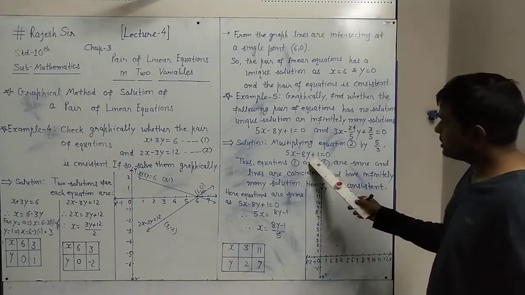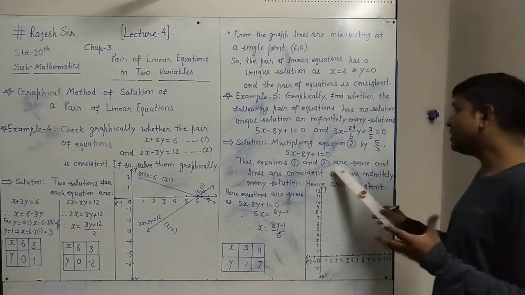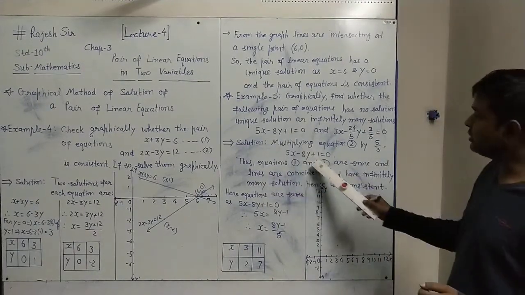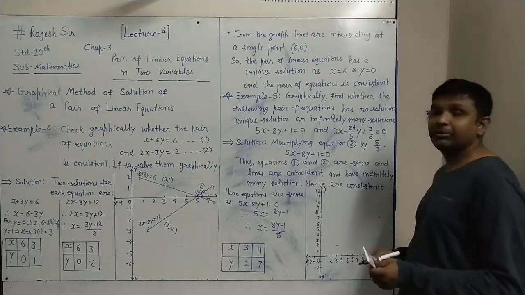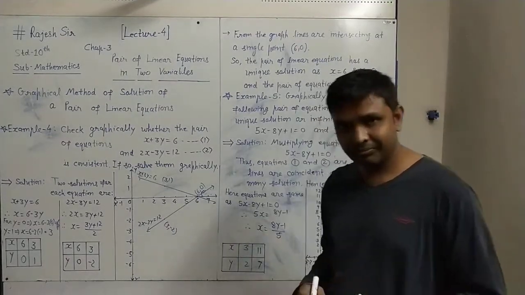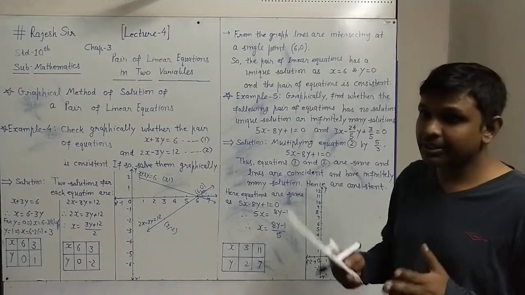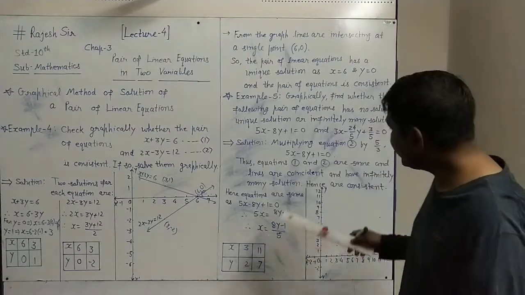Here the second equation is this and the first is also the same. So equations 1 and 2 are exactly the same, and the lines are coincident. That means if the two equations are the same, their lines will be the same, the lines fall on each other. That is called coincident.